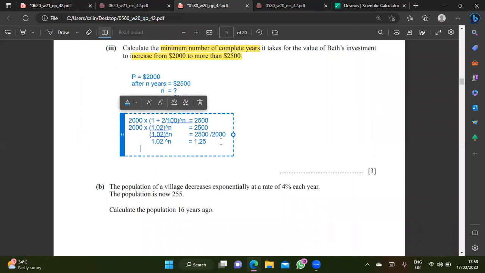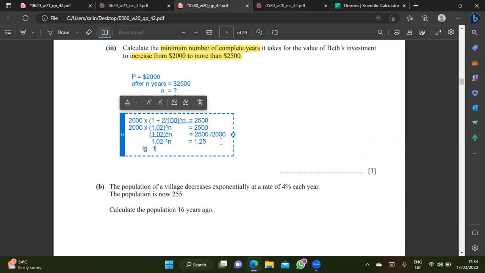I know we can use a calculator, no problem, no issue. But I just want to introduce one of the ways: we log to the base of 10 both sides. Log to the base of 10, the symbol will be lg only. So both sides, we just need to log it.